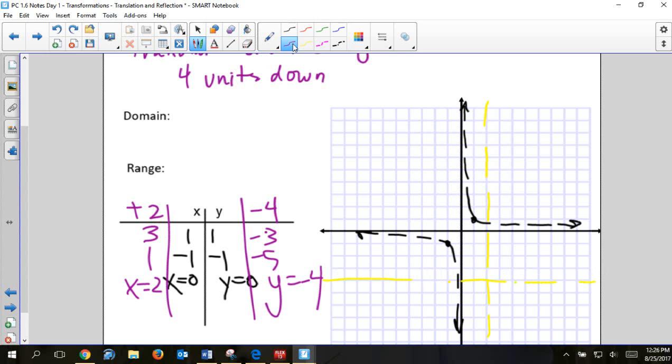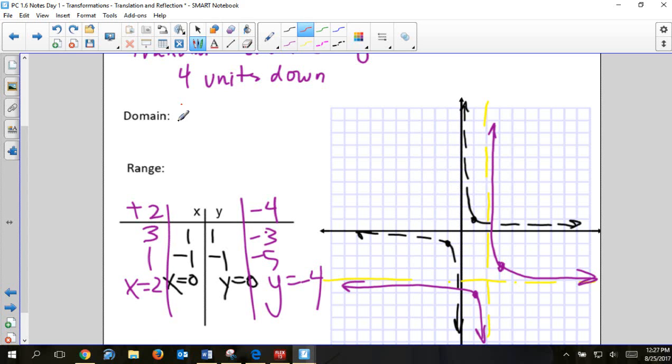And then our graph will just be translated. Okay, the domain and range, this would be the kind where they skip over a number.